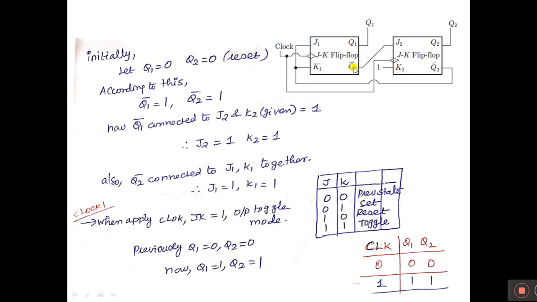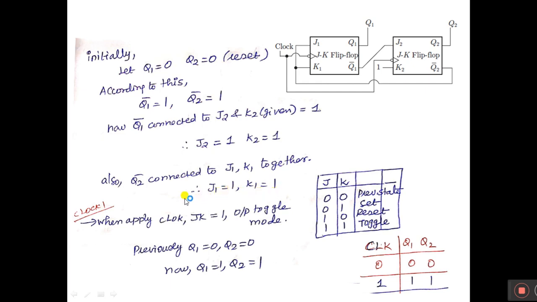Now this 1 is connected to J2, and in K2 1 is already connected. And this 1 is connected to the JK flip flop. Before applying the clock pulse, the state of J2 K2 is 1 1 and J1 K1 equals 1 1.